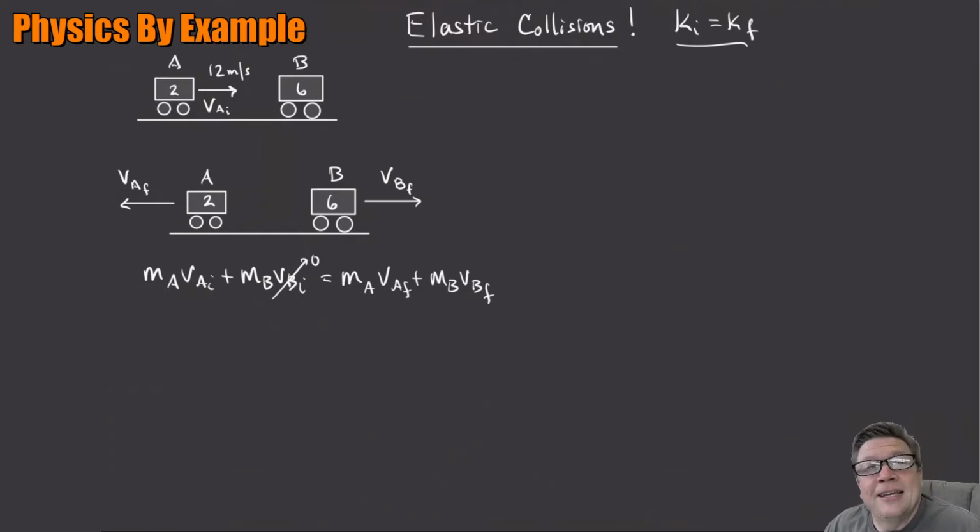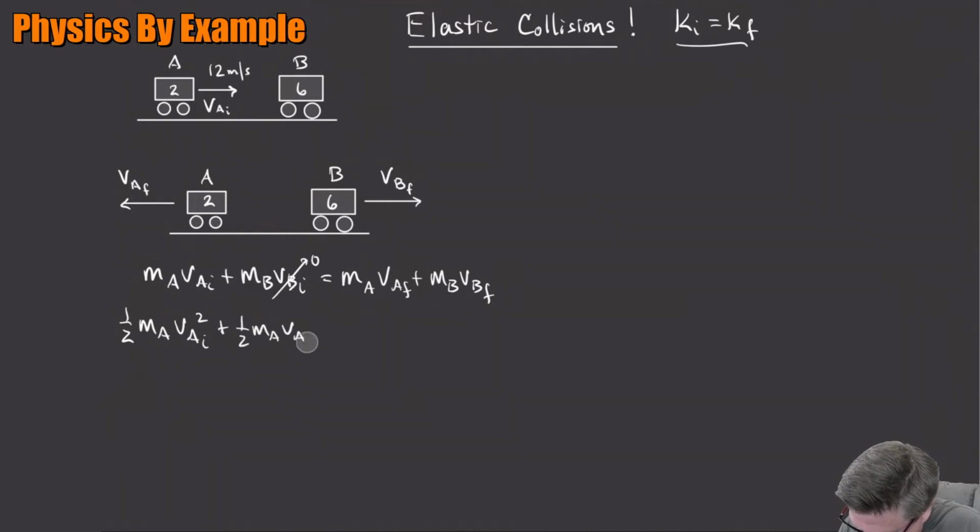But if the kinetic energy is conserved, I can write down another equation. I can say 1/2 MA VA initial squared plus 1/2 MB VB initial squared, that's still 0 but I'm just writing it down for completeness, is 1/2 MA VA final squared plus 1/2 MB VB final squared.